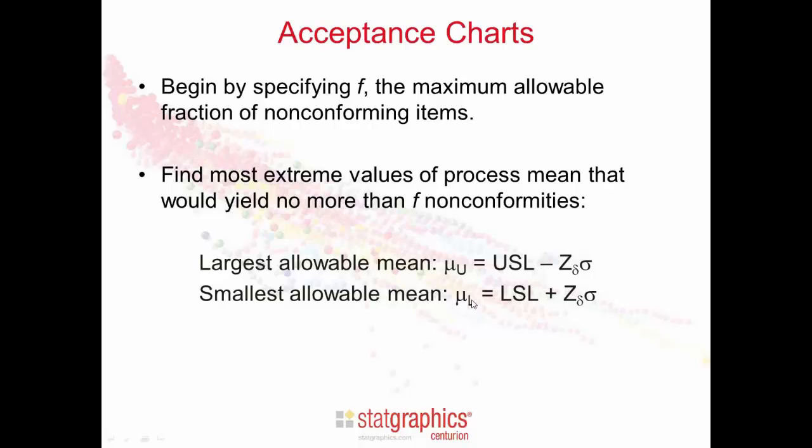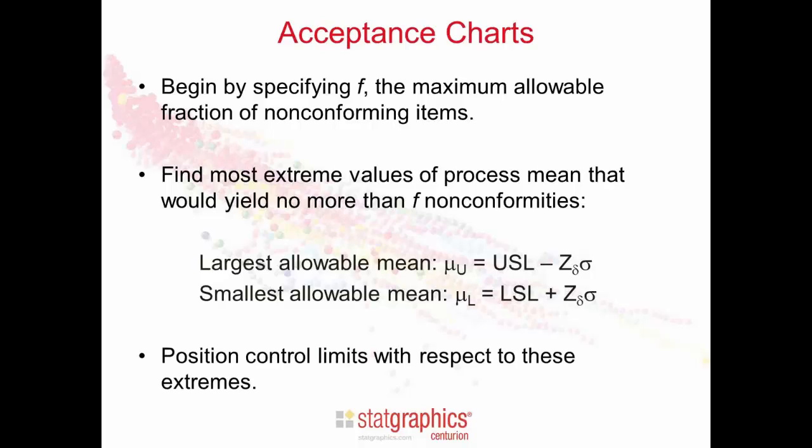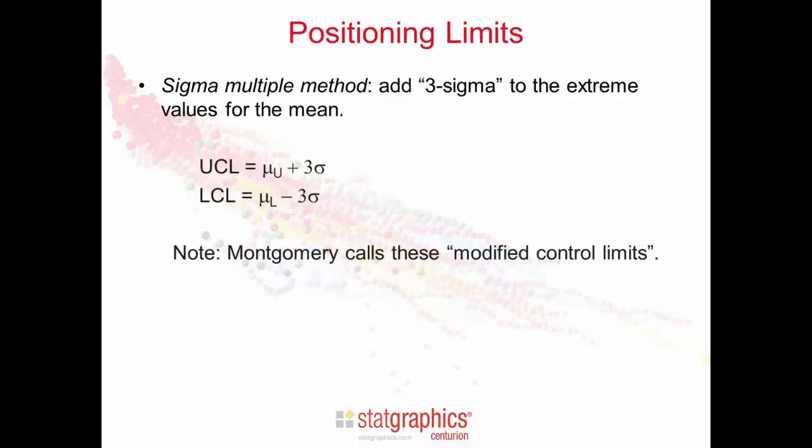That's going to widen out the specifications and actually let the process move a little, as long as it doesn't get too close to the specification limits. Okay, so we'll position the control limits with respect to those extremes.